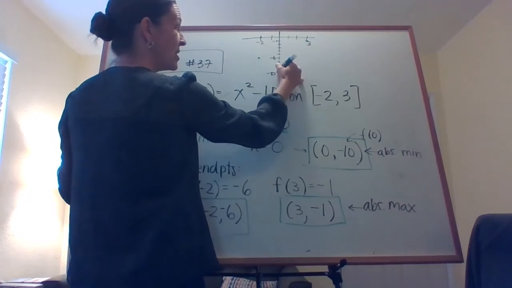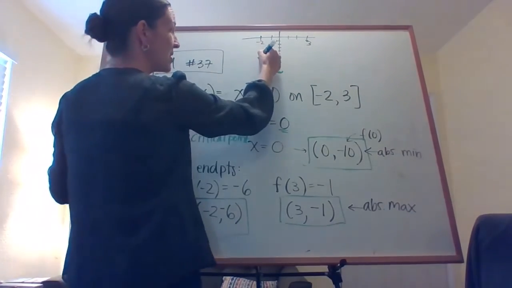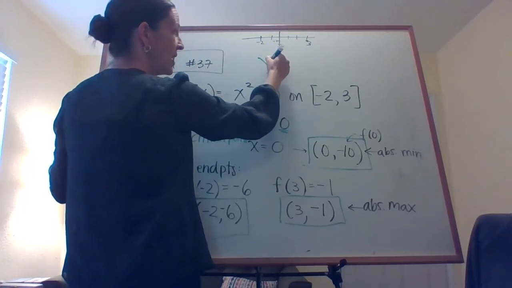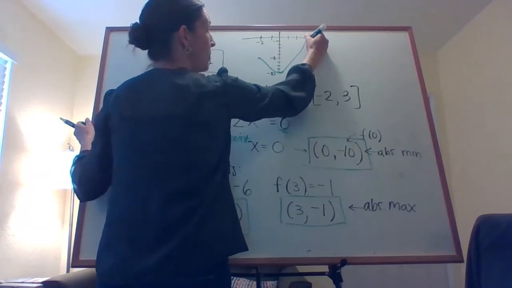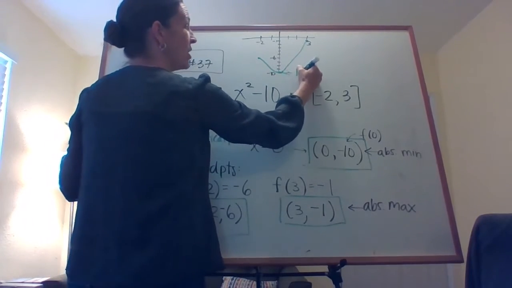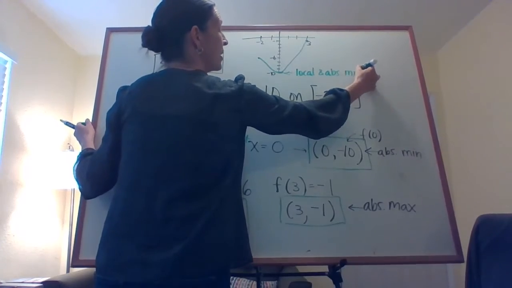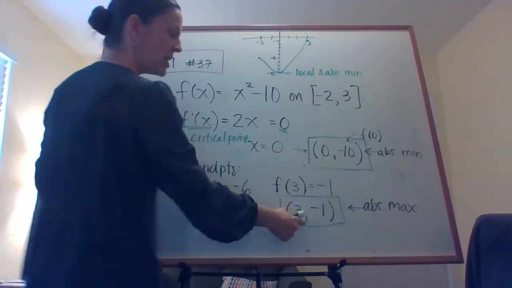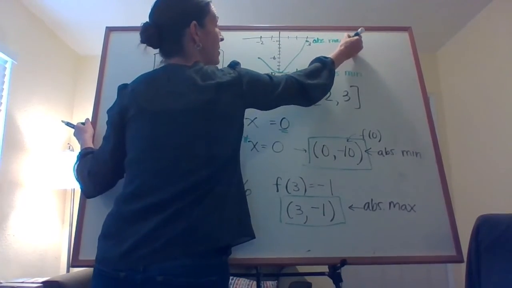So the graph is going to go from this endpoint down to a local min, which is also an absolute min, and then up to this endpoint. So here I have a local and absolute min, and then up here at (3, -1), that's my absolute max.